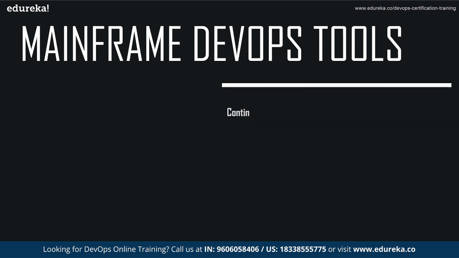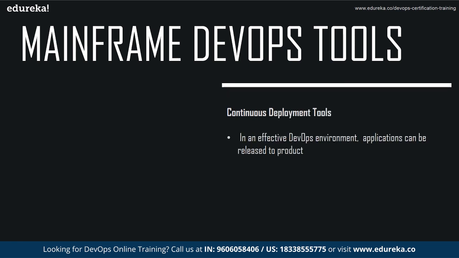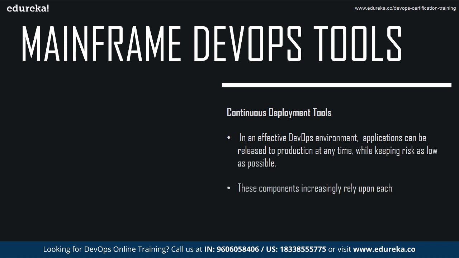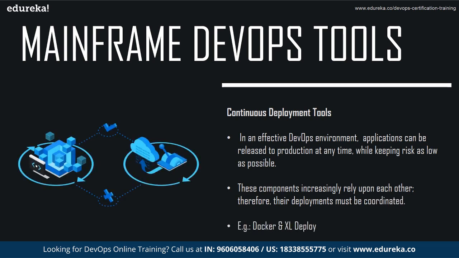Next, you have continuous deployment tools, which in an effective DevOps environment are needed in close frequencies as application deployments are quick, predictable, and reliable. This continuous delivery means applications can be released to production at any time while keeping risk as low as possible. Now that you have reached a point where your mainframe code is being developed faster, it needs to link with the distributed components delivery as well.